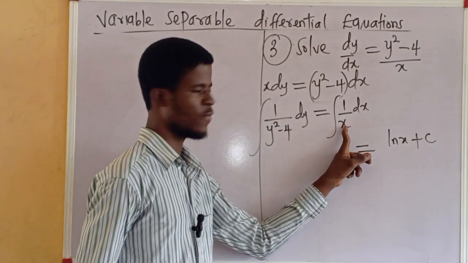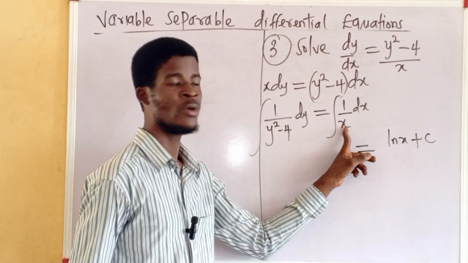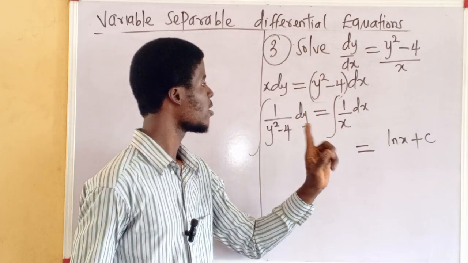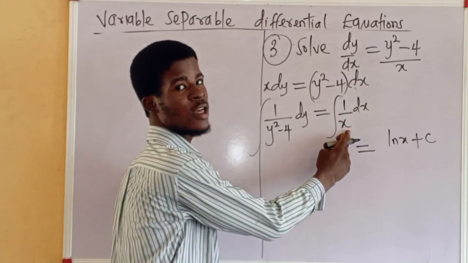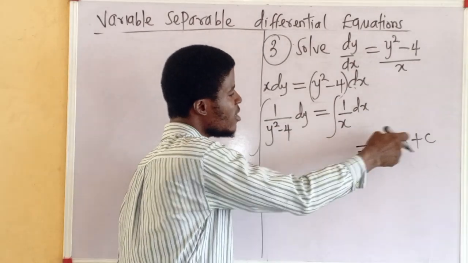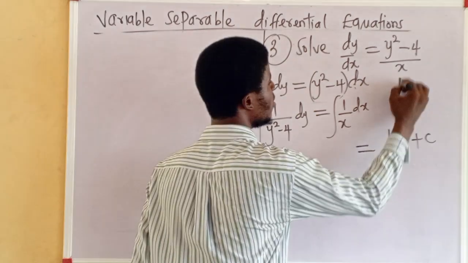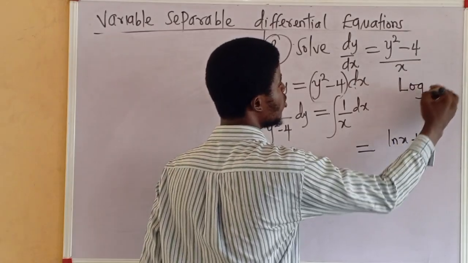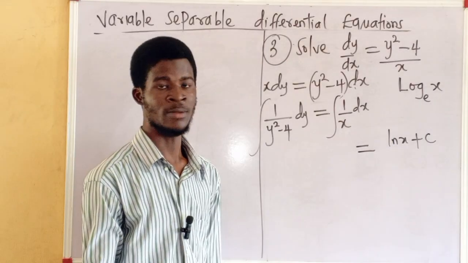The derivative of x with respect to x is 1, and I can see 1 at the numerator. So if I integrate 1 over x, the integral is ln x plus c. Take note that ln is the logarithm to base e. We call it the natural logarithm.